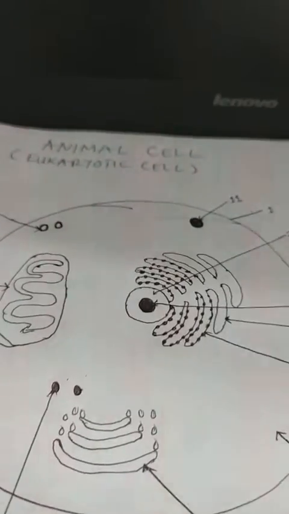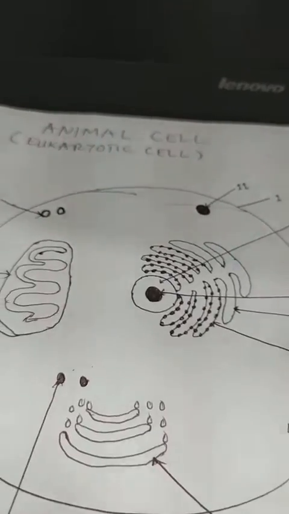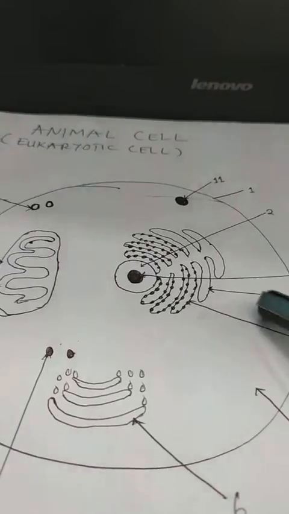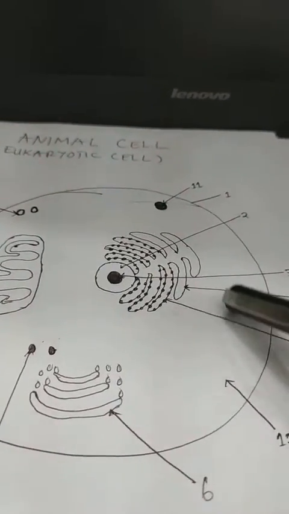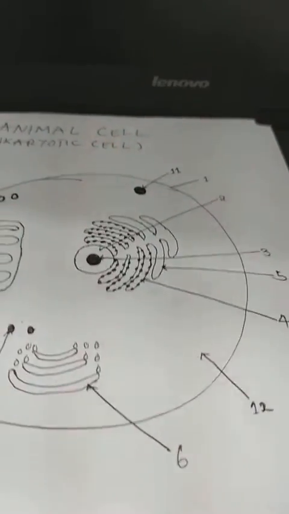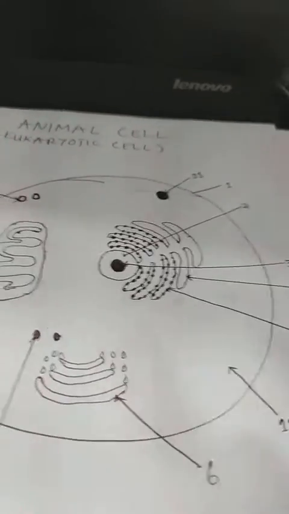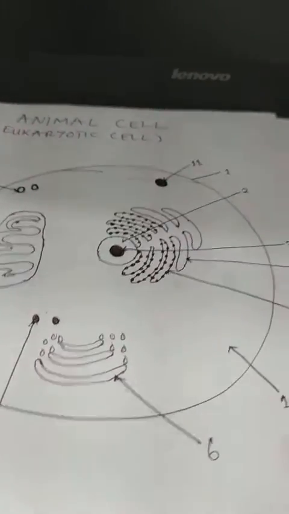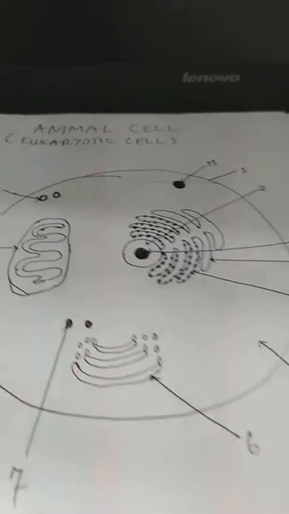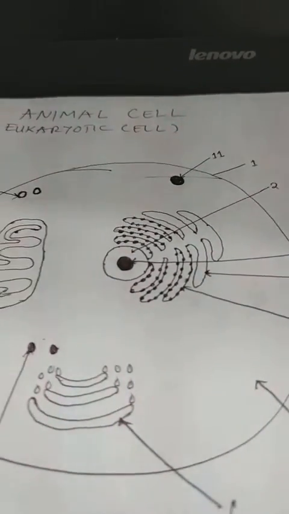The protein synthesized inside the rough endoplasmic reticulum ends up either being transported out of the cell or aligning itself on the inside surface of the cell membrane. That is a very important point which I wanted to add.